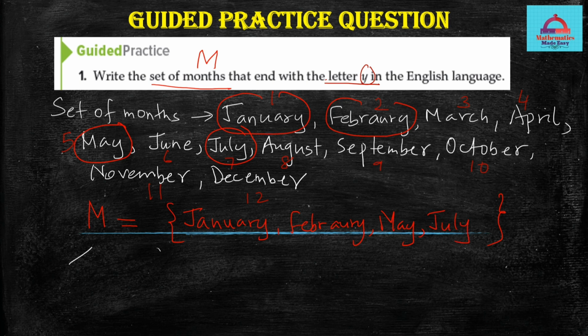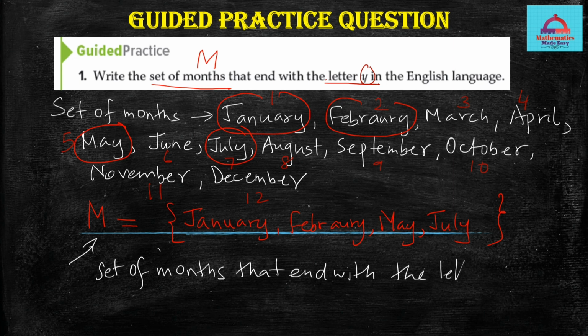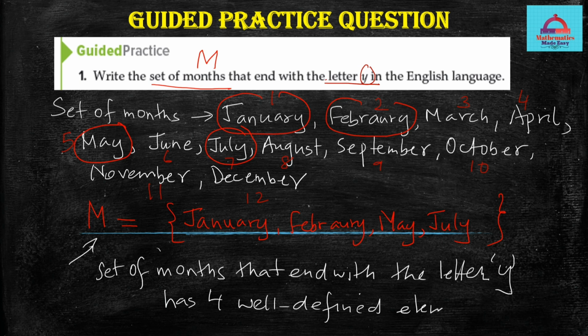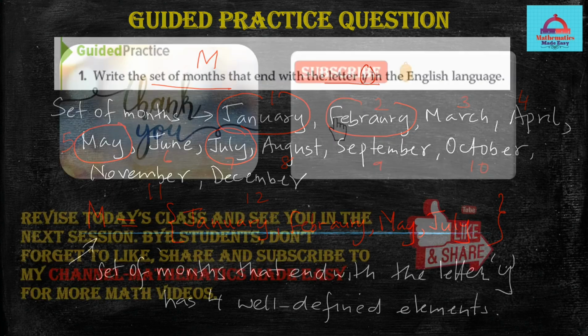So this set of months that end with the letter Y has 4 well-defined elements. So that completes our solution.